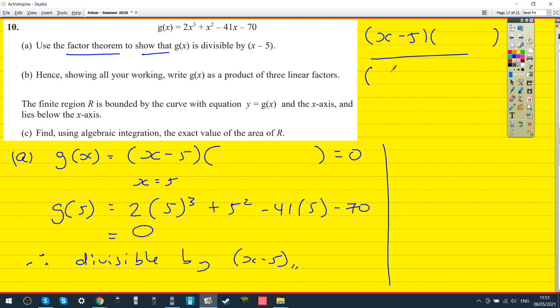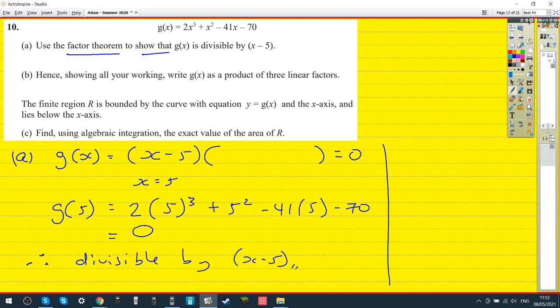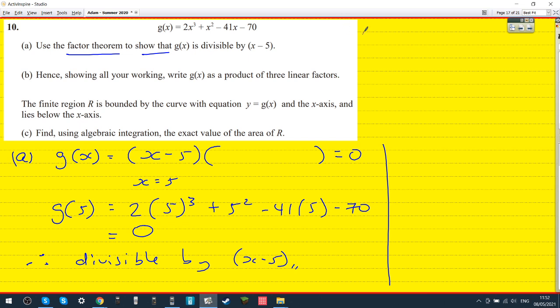Fully factorize. So you want me to factorize the equation at the top? Yep. You're just factorizing it. So one bracket is x minus 5.